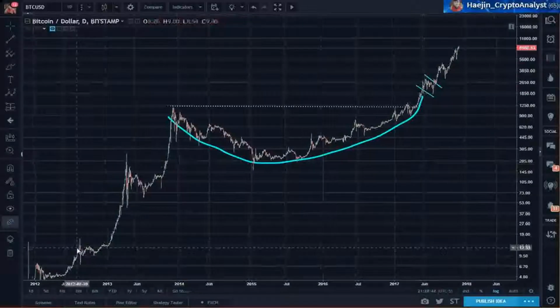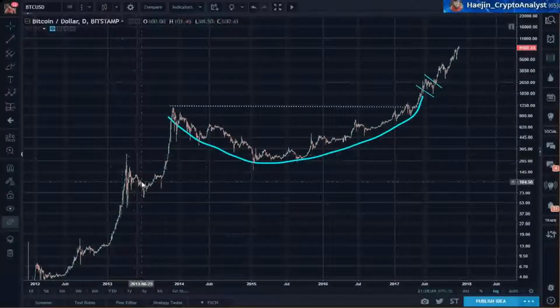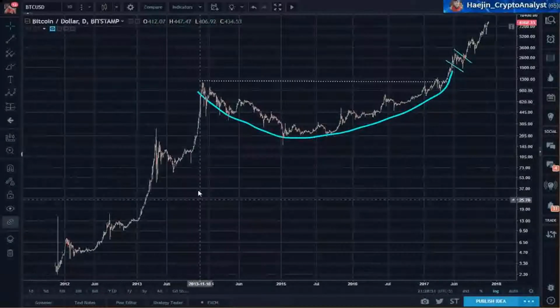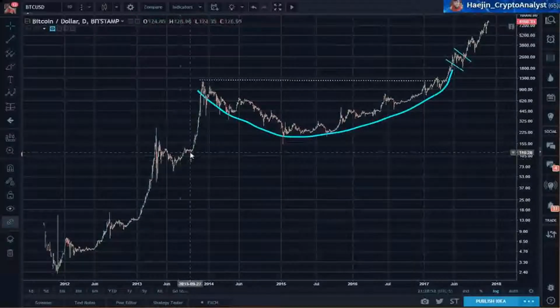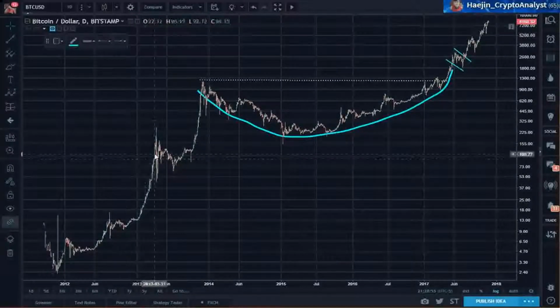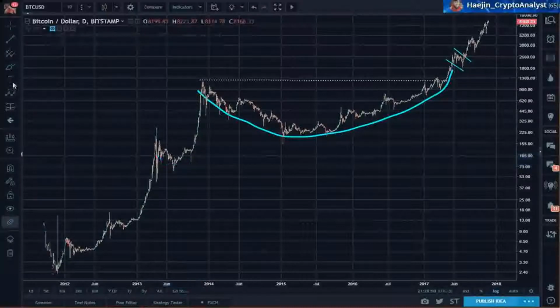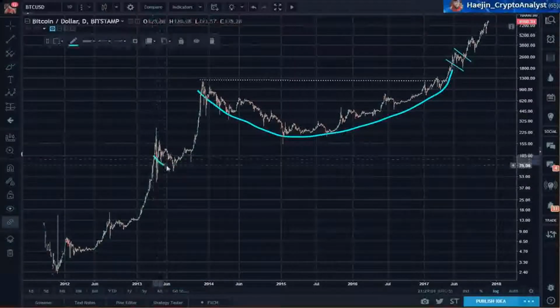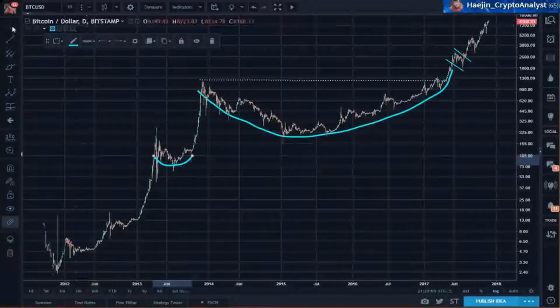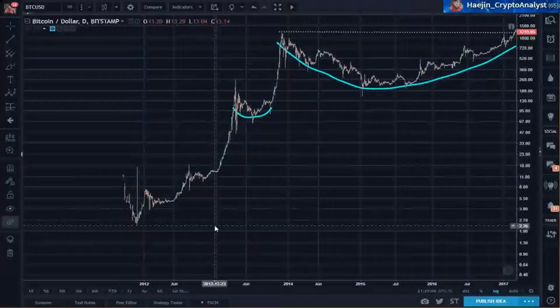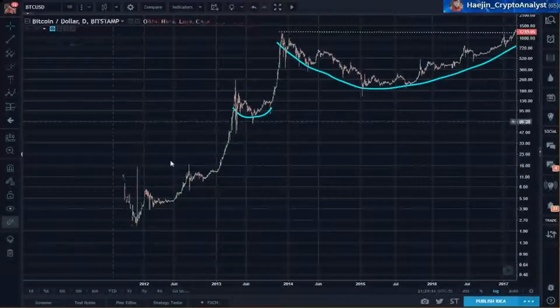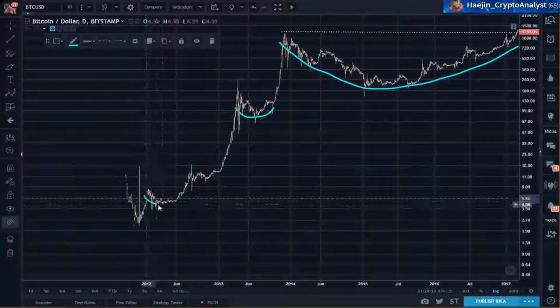Notice how here, even here, we saw a vertical. Notice how here too, there was a bit of a rounding bottom. That's terrible drawing. A bit of a rounding bottom here as well. Notice here also a little bit of a rounding bottom.